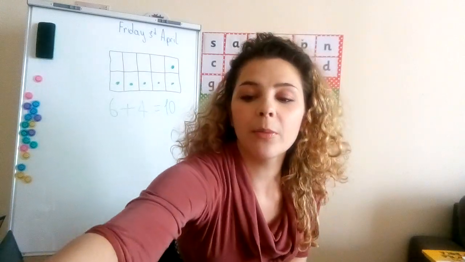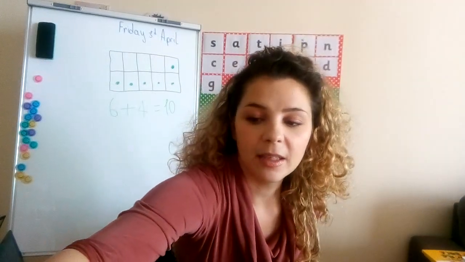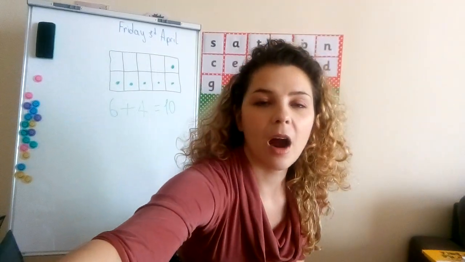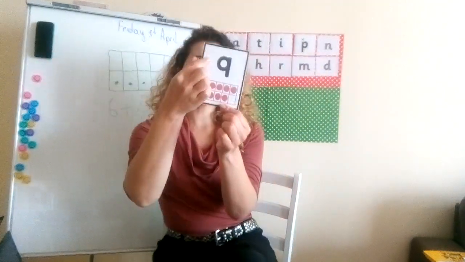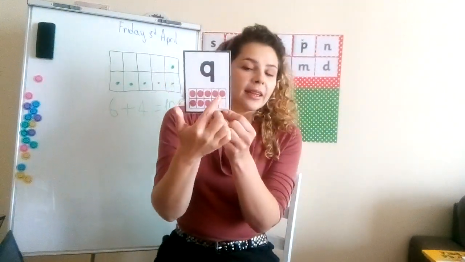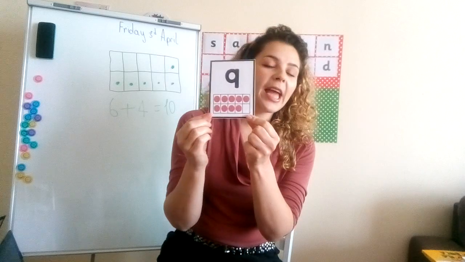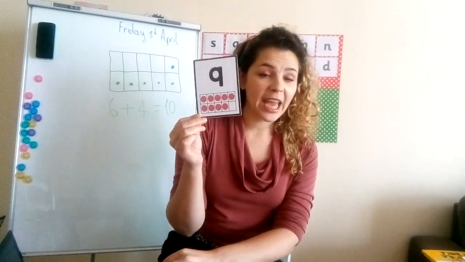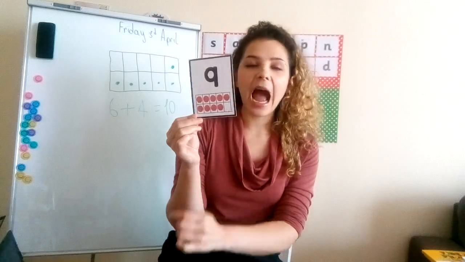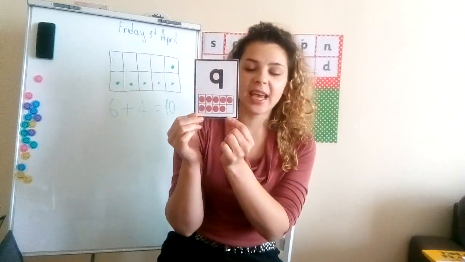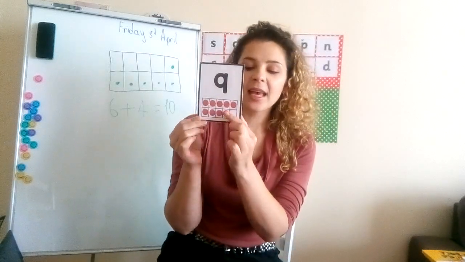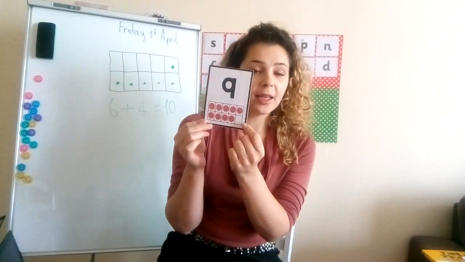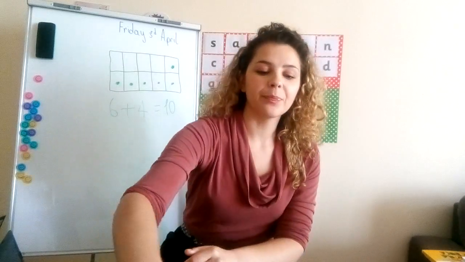So just to give you one more example, let me take one of my cards, okay? So here we have number 9. That tells us that here we have 9 covered frames, okay? How many do we need to get to 10? We have 9 plus, how many empty? 1. 9 plus 1 equals 10, okay?